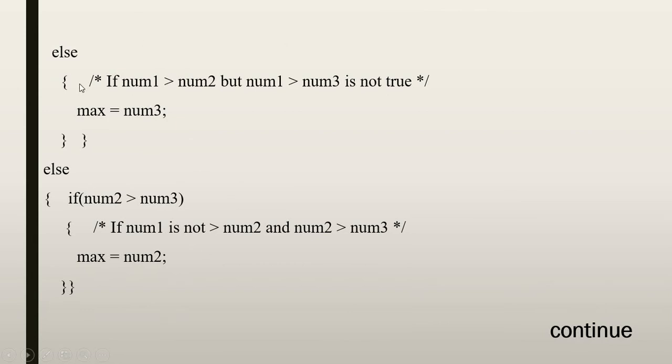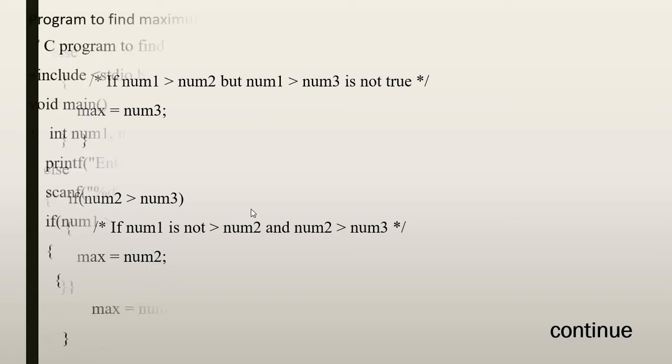Continuing this program, or else part, either number 3 will become the maximum, that value will store within the max, and the last part, that is number 3 is less than number 2, that is the maximum value of number 2.